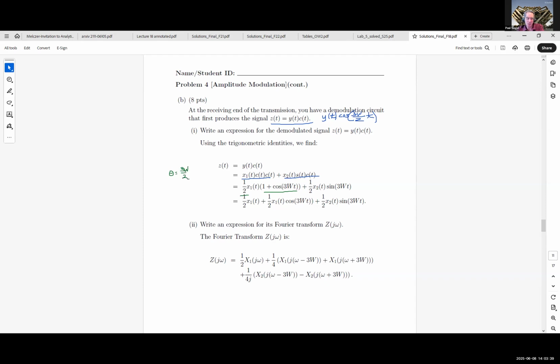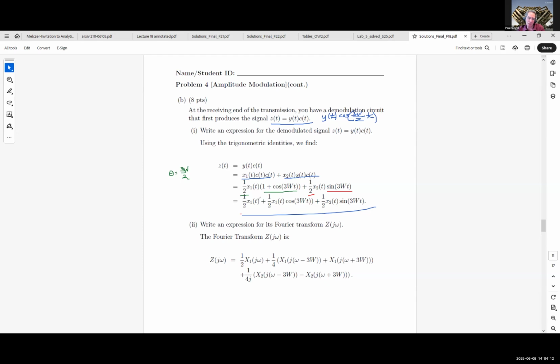Okay, so that's the cosine times cosine. And then this is going to be the sine times the cosine. You're going to get a factor of 1/2 times sine of 2 theta, which is sine of 3wt. Okay, so that's what we've got there. Now, next step is just expanding it out a little bit. There are no identities being used here. This is just writing that out. And then you're asked for the transform of that signal.